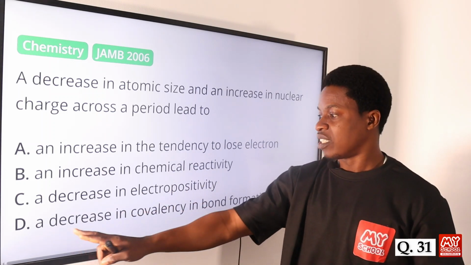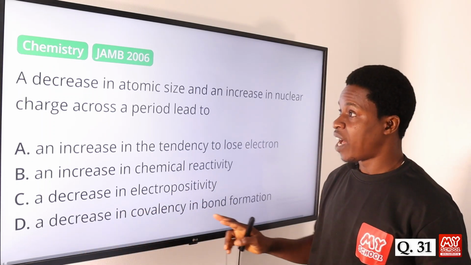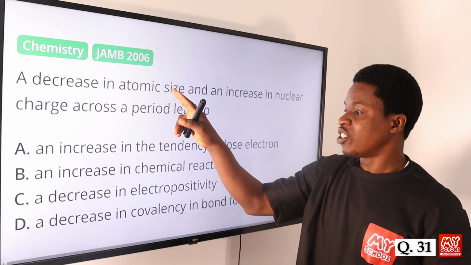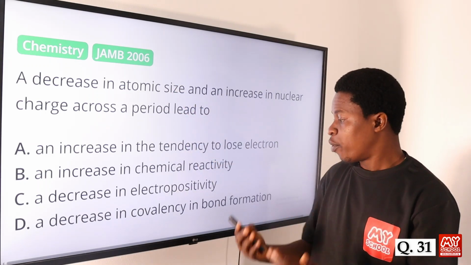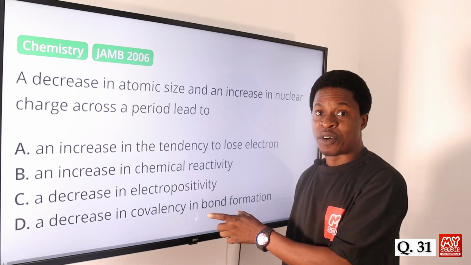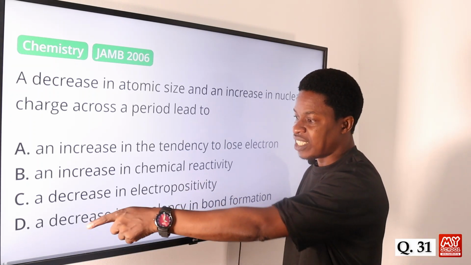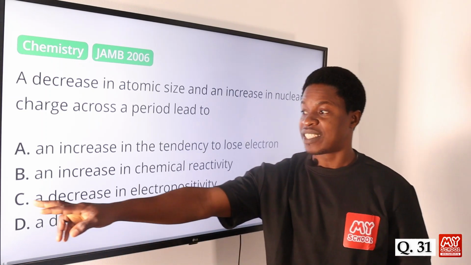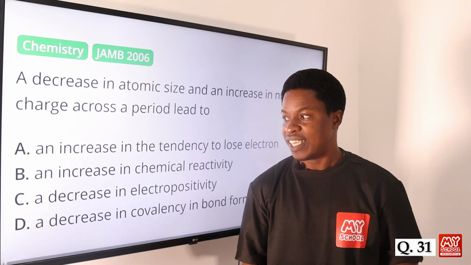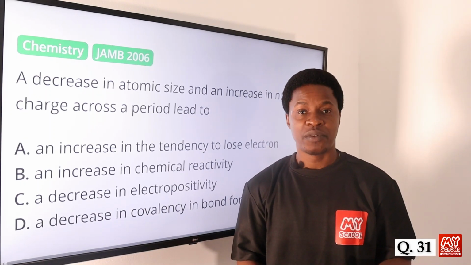Option D says a decrease in covalency in bond. In fact, a decrease in atomic size is supposed to favor more covalency in bonding. It should not decrease. It should increase the covalency in bond formation. As a result of that, the correct answer is option C, a decrease in electropositivity.